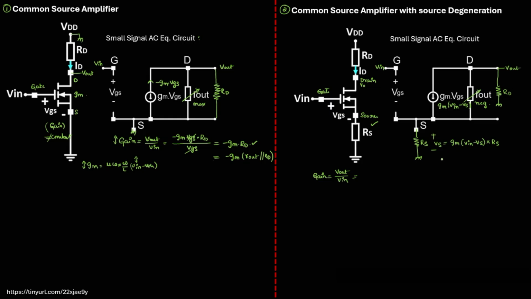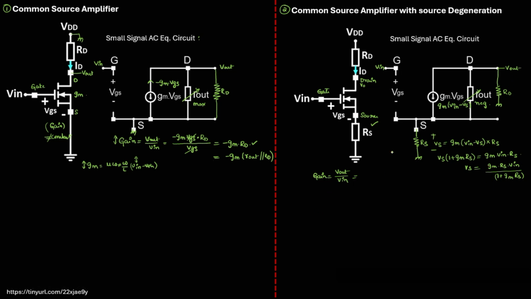If I simplify this, VS times 1 plus GM times RS equals GM times RS times V input. So VS is nothing but GM RS times V input by 1 plus GM times RS.